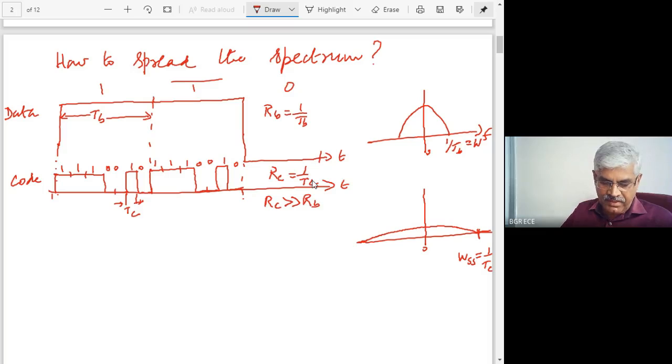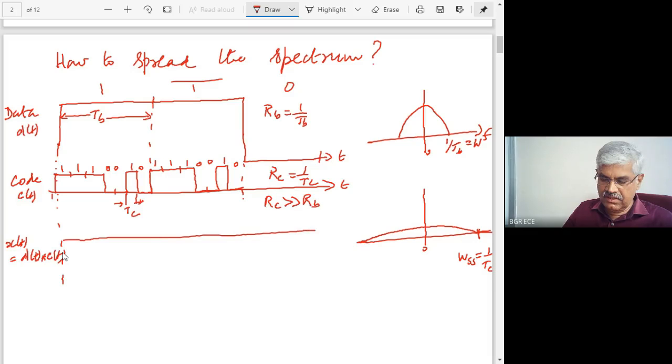Now, when you multiply this with the data, let us say this is d of t, this is c of t, the code, and x of t would be equal to d of t multiplied with c of t. What is that waveform? When the data is 1, the same code waveform will repeat like this.